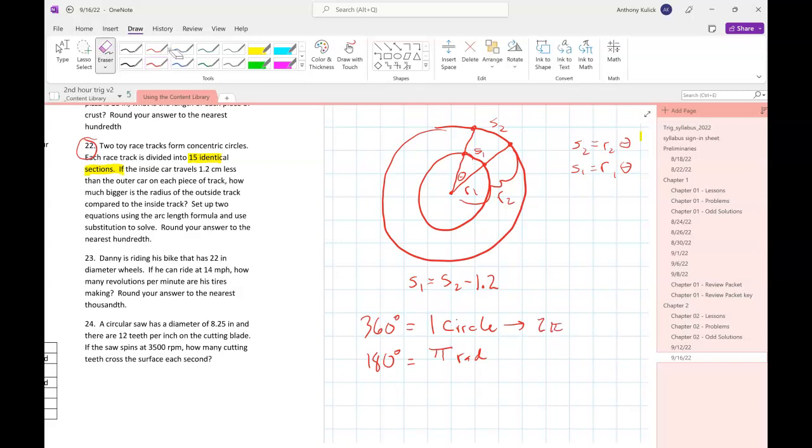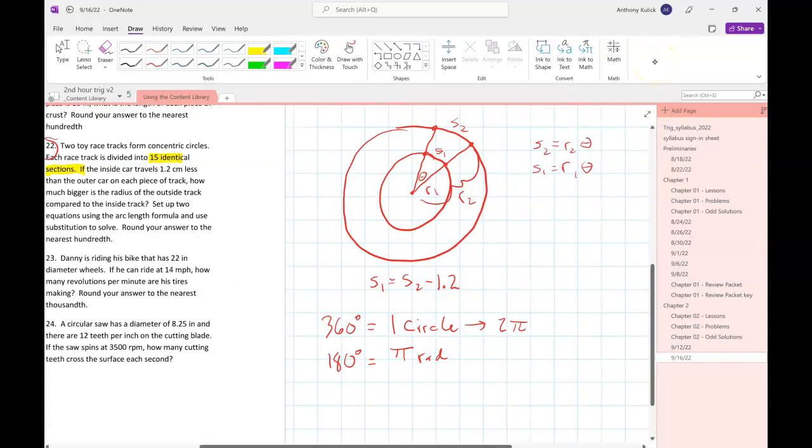Now, could you use degrees here instead of radians? Yeah. What's the downside of doing that, though? These formulas get a little bit more irritating to deal with, right? So I'm going to use radians.